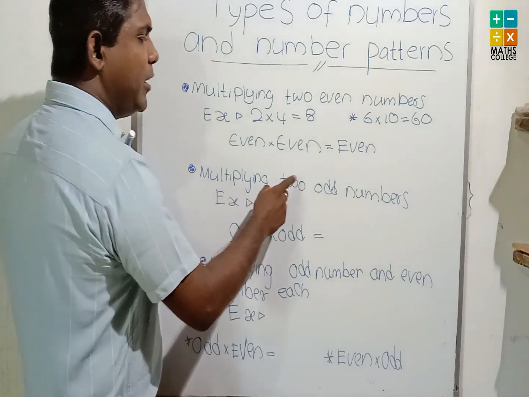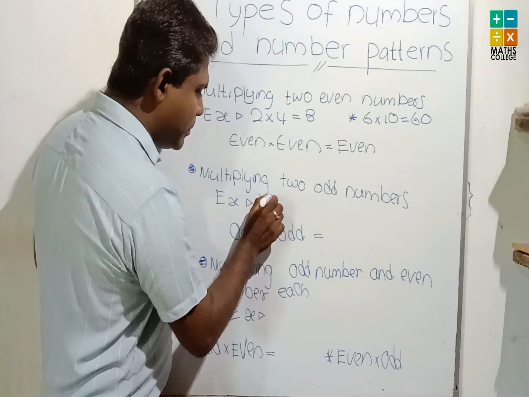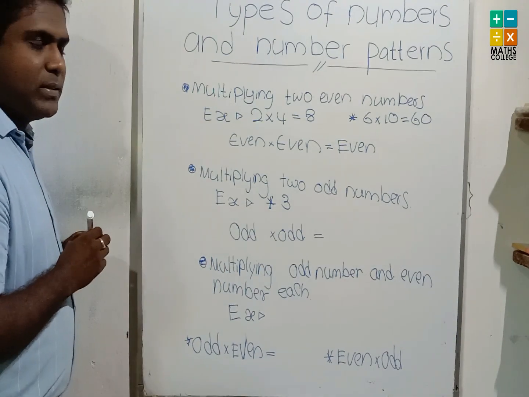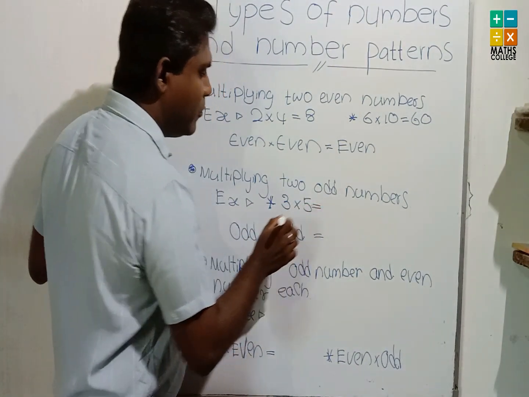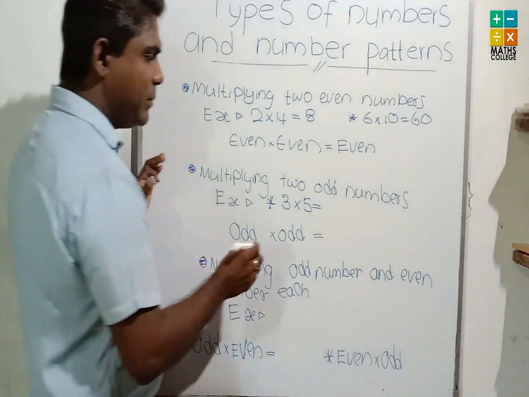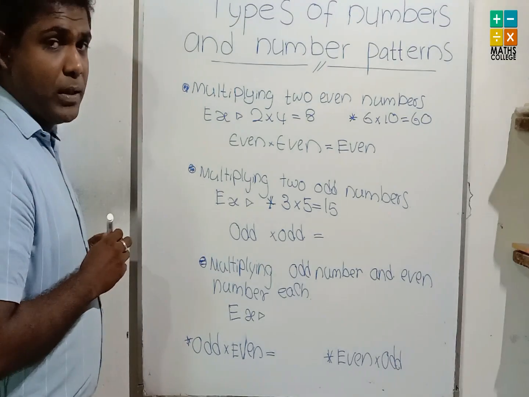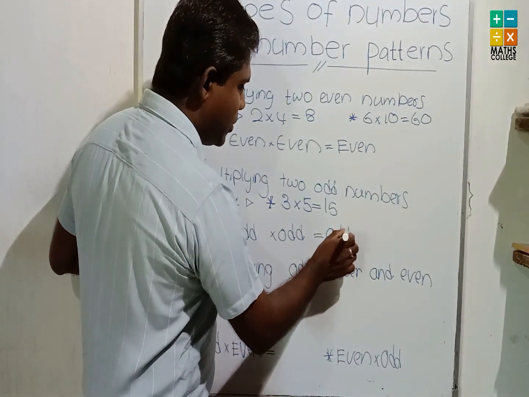Then multiplying two odd numbers. Consider the odd numbers 3 multiplied by 5. What is the answer? 3 multiplied by 5 is 15. What type of number? Yes, odd number. 15 is an odd number.